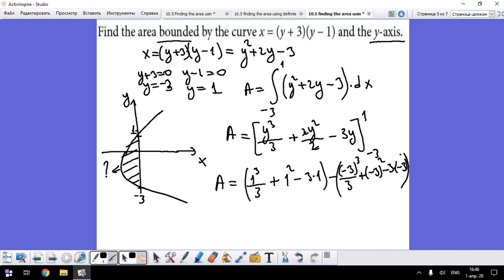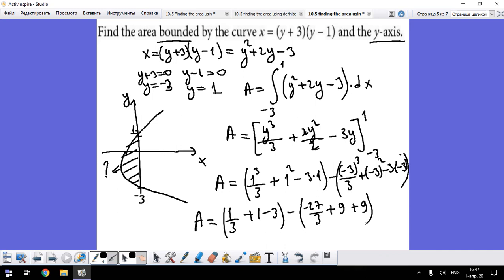Let's close the parenthesis and calculate it. It will be 1/3 plus 1 minus 3, and minus the next number, which is minus 27 divided by 3, which is minus 9, and then plus 9.